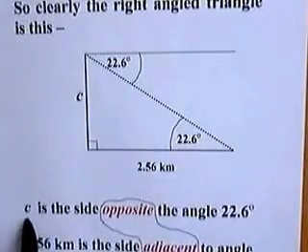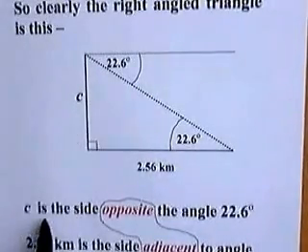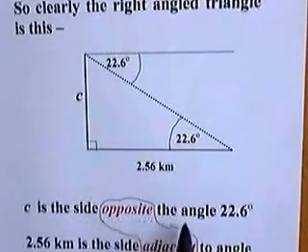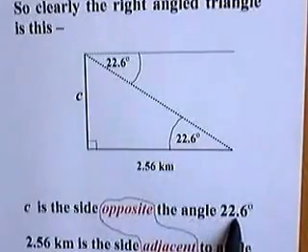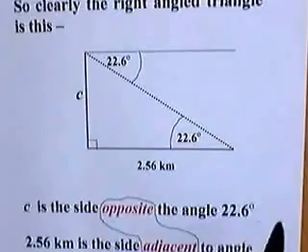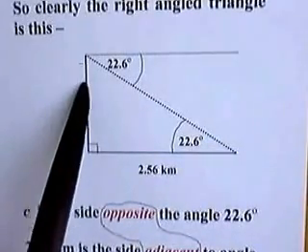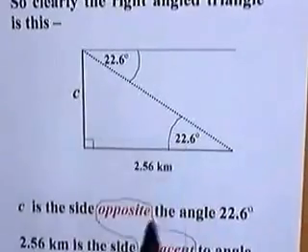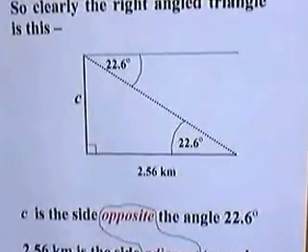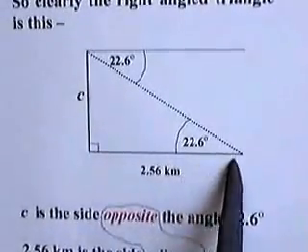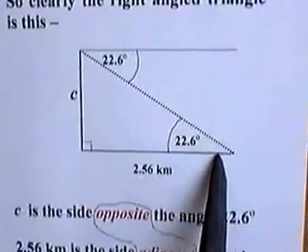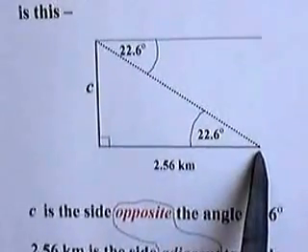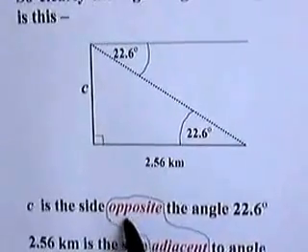I won't show you all the answers just yet. C, that's that one there, is the side opposite the angle 22.6 degrees. Okay, there's the length there, C is opposite to that angle, and 2.56 kilometers is the length of the side which is adjacent to this angle. It's alongside this angle.